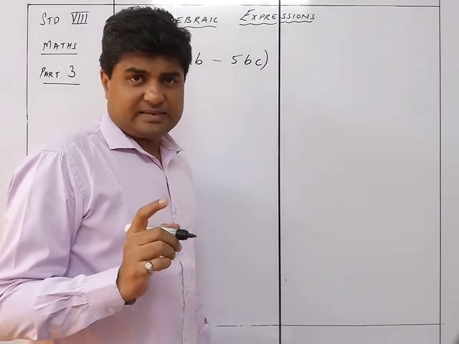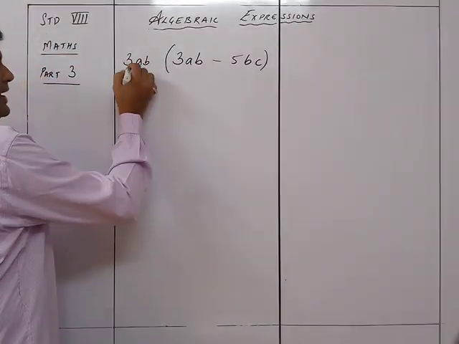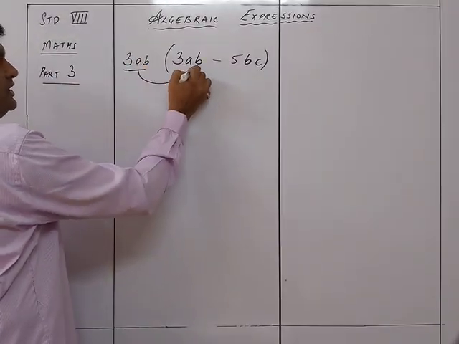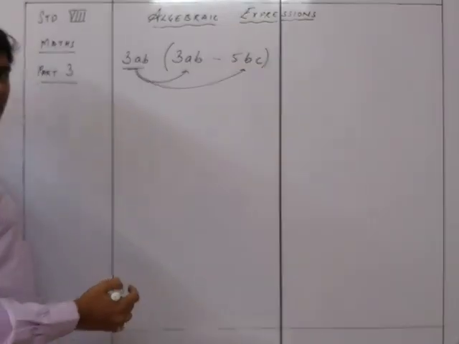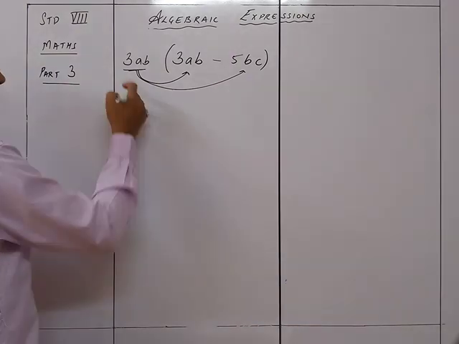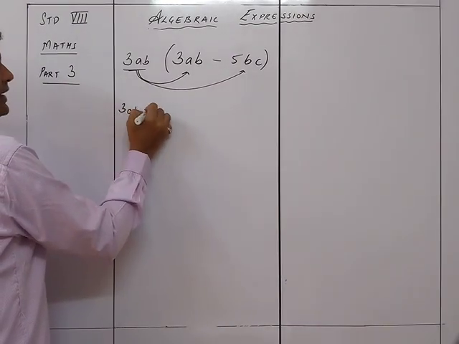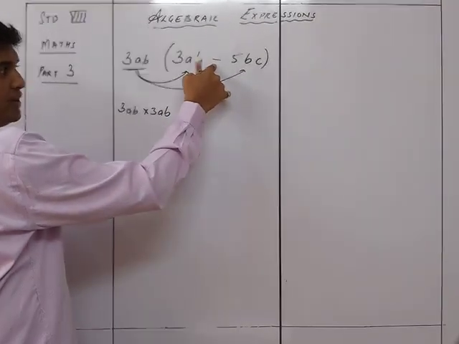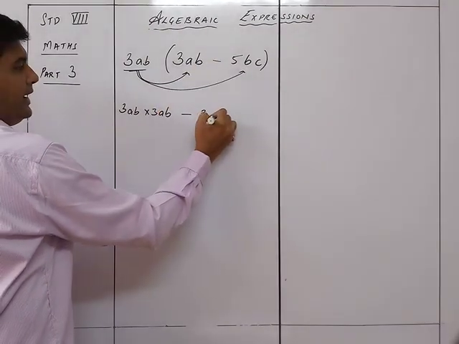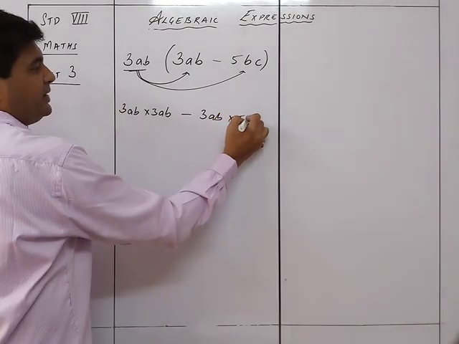In this case, I am going to multiply this with this first, and then this next with this, with the sign in between. So it will be this way, 3ab into 3ab minus, because of the minus sign over here, again 3ab into 5bc.